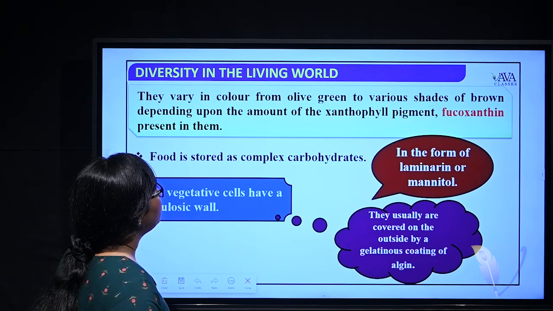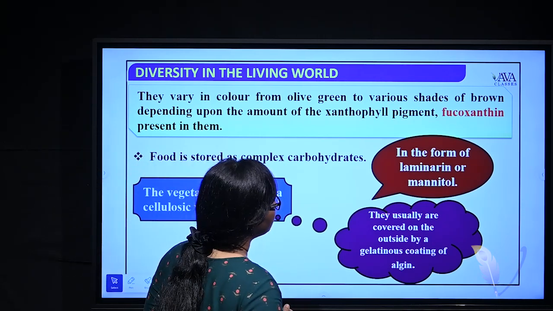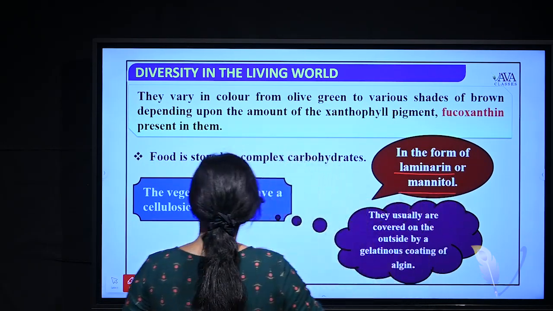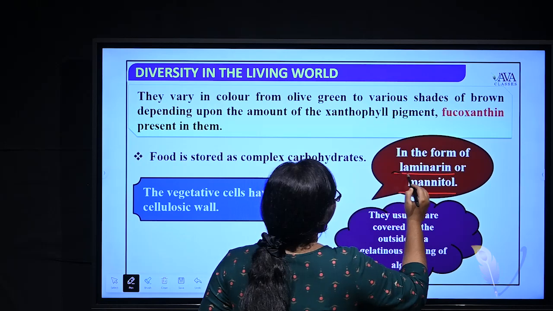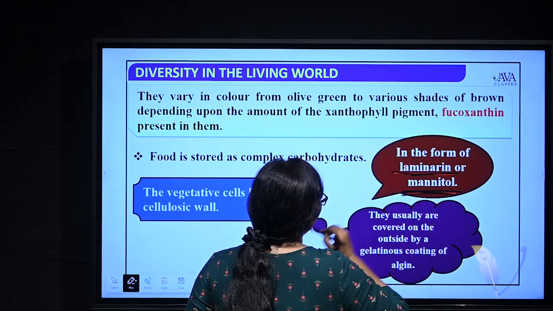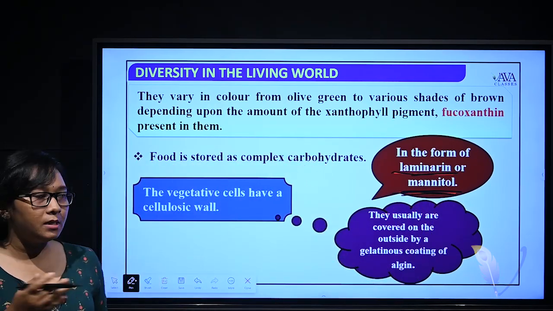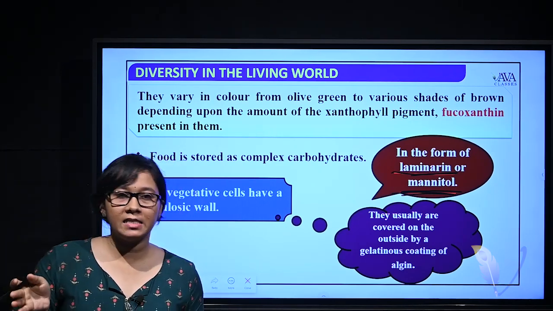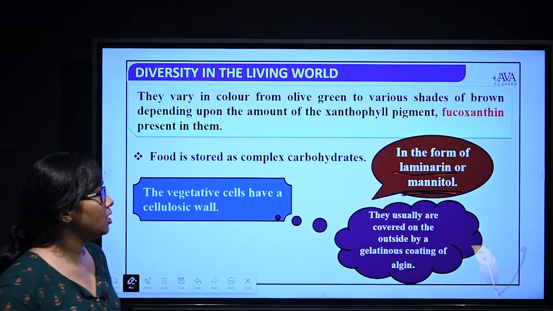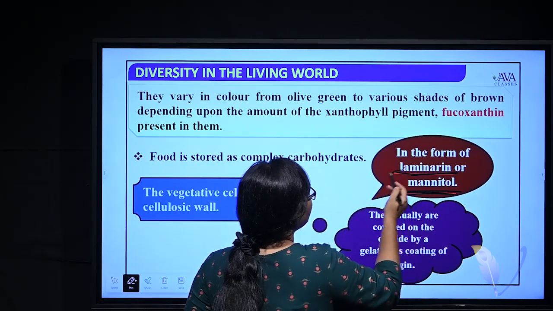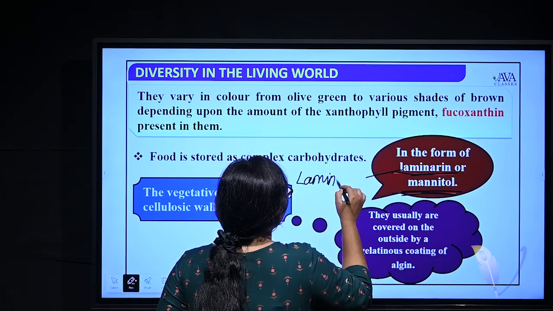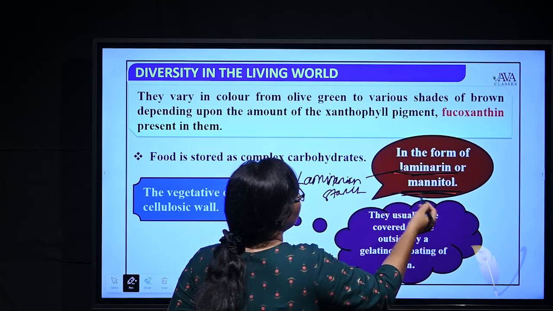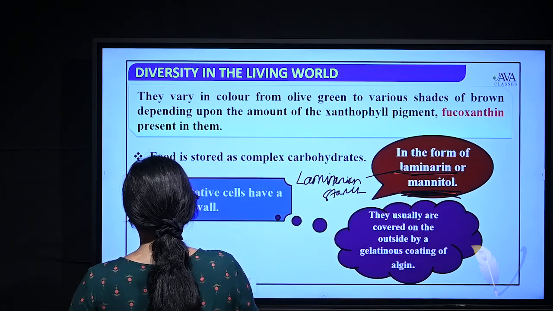Their reserve food is complex carbohydrates in the form of laminarin and mannitol, or we can call it laminarin starch and mannitol. As in the previous board you saw that the reserve food of green algae is generally starch. Here it is laminarin starch and mannitol, clear?